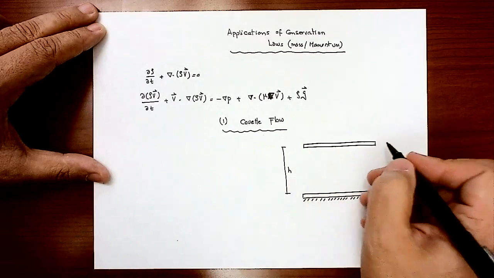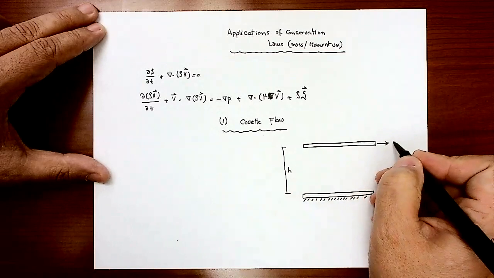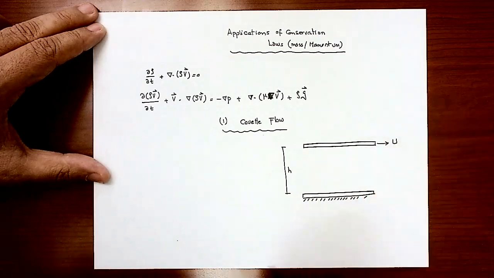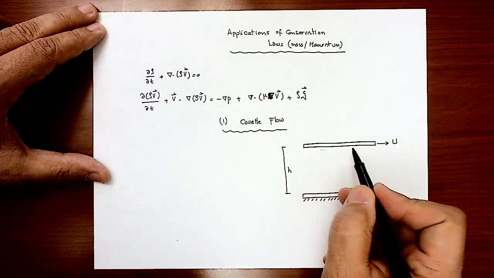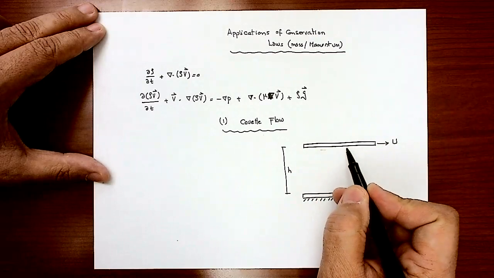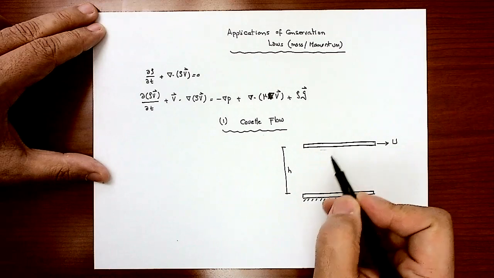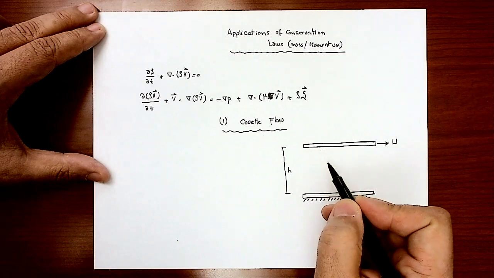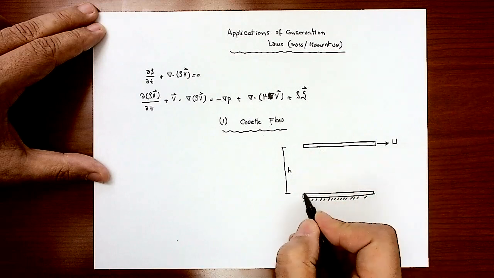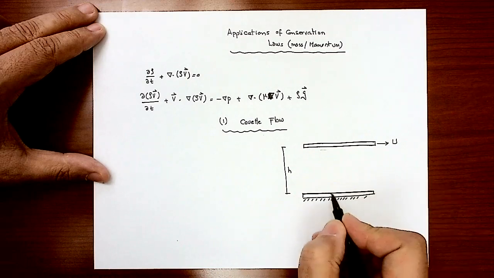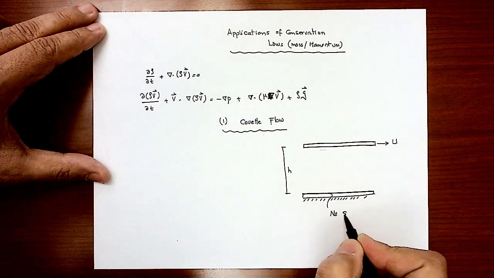And what we're going to do, we're going to pull the upper plate with a uniform velocity u. So what's going to happen is the plate will start dragging the layer in contact with the upper plate, and that layer will drag the next one due to the presence of the fluid viscosity, and so on until we reach zero velocity here, which we call the no slip condition.